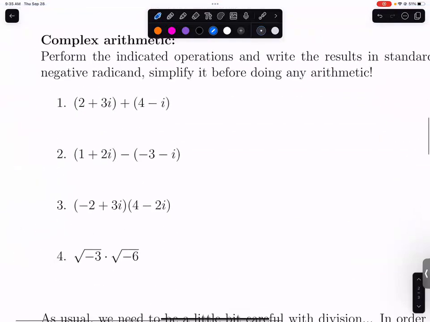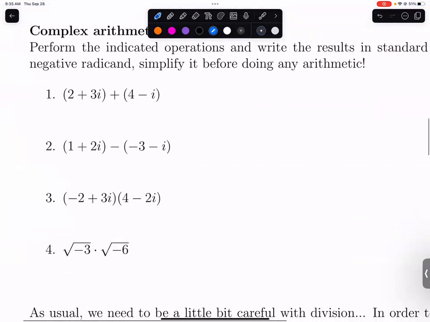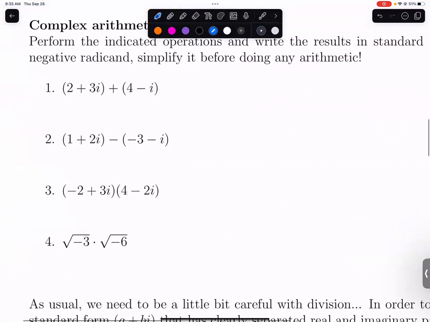So if I add 2 complex numbers together, like in number 1 there, I'm just going to add the real parts and add the imaginary parts. We're adding, so I'm just going to drop the parentheses, and just add those like they were like terms.